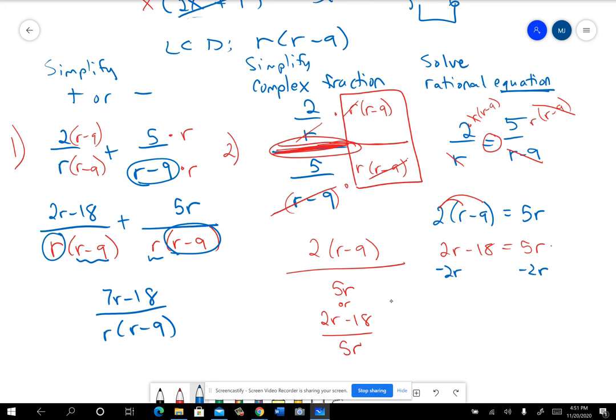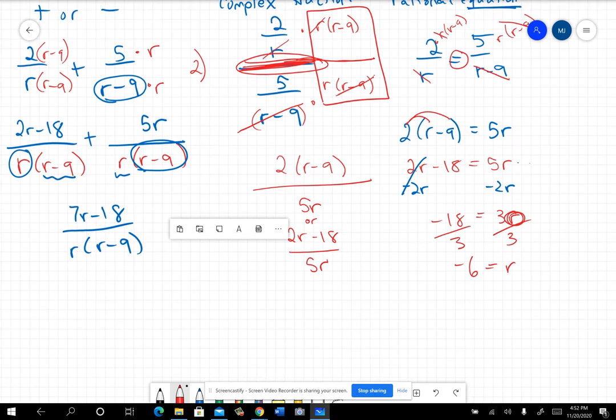Since there's no number over here, just moving your variables to the right is okay. So that would be negative 18 equals 3R. And then I need the R by itself, so I'm going to divide by 3. And I'm going to have R equals negative 6.